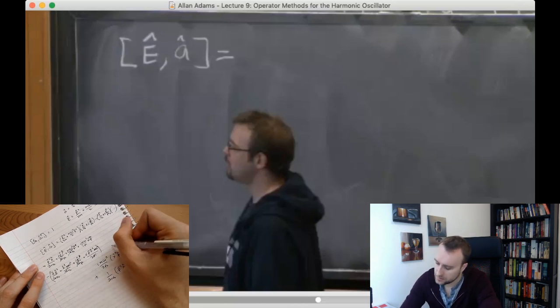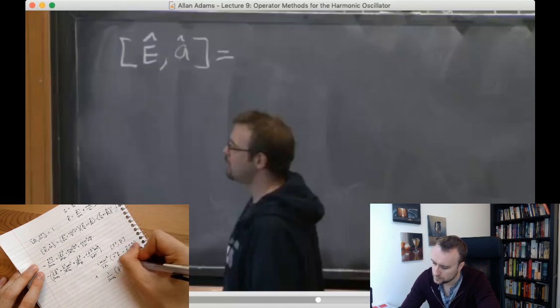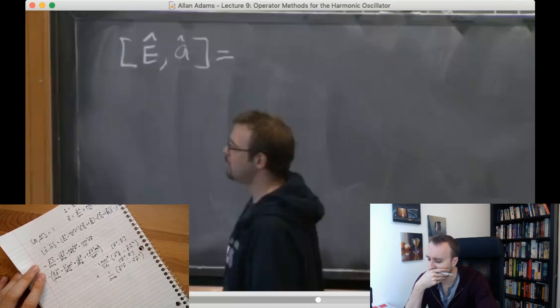So these are commutator relationships of x hat squared and p hat, and p hat squared and x hat times this. Now, I don't know whether there's a simpler way of doing this.